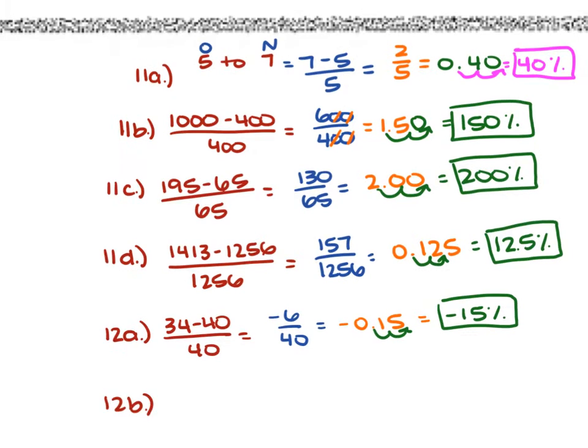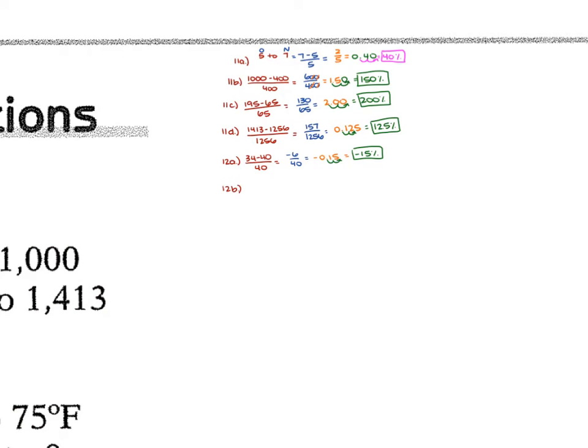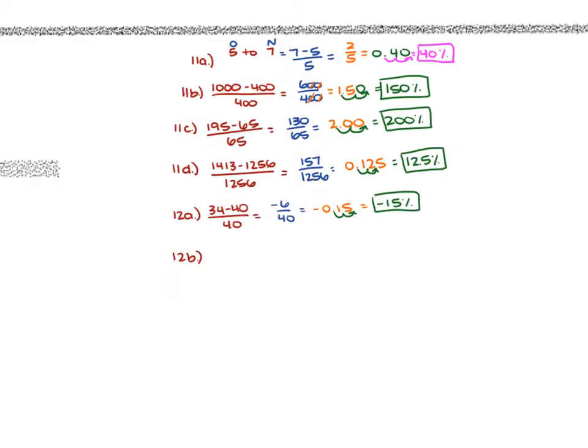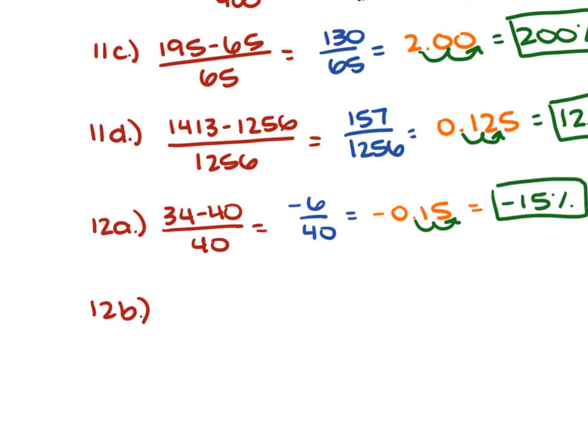For B, we are working with 80 degrees Fahrenheit to 75 degrees Fahrenheit. So new is our 75, original is the 80. So new minus original, that is 75 minus 80 over the original, over 80.